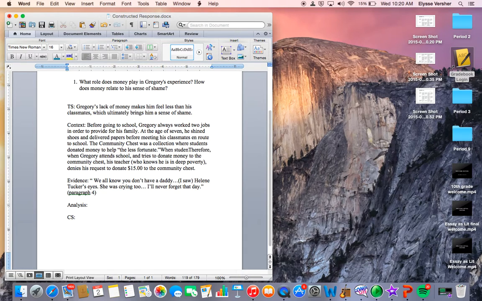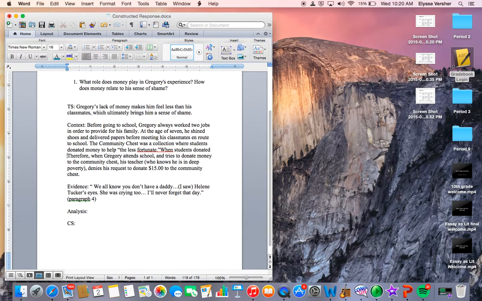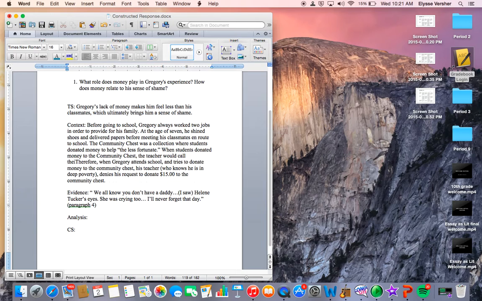When students donated money to the community chest, the teacher would call their names and ask how much money their father would contribute.